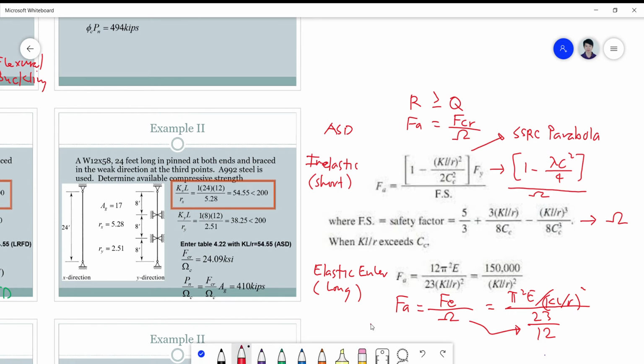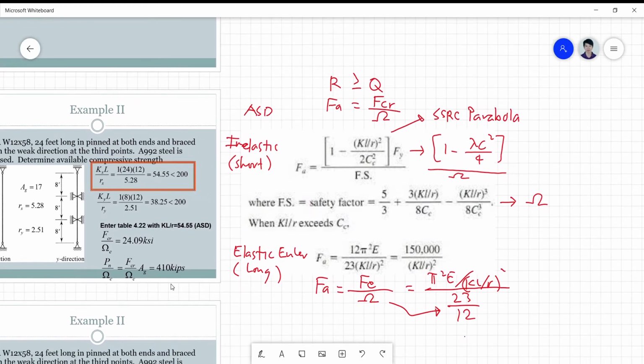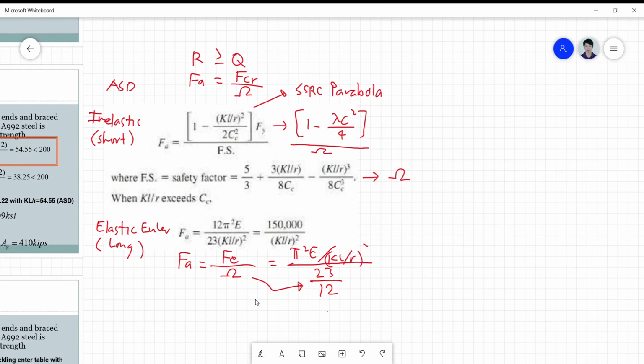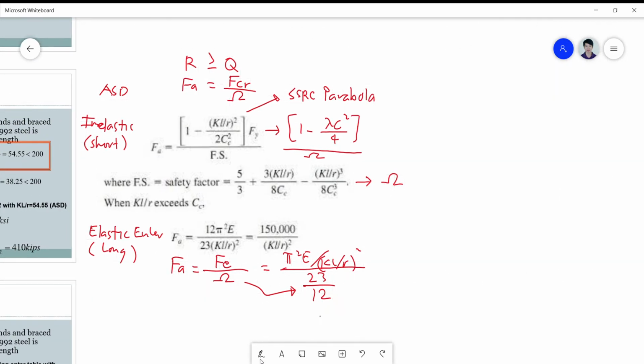May I remind you that the value of C sub C here is simply the limit corresponding to your lambda sub C, which is square root of 2.